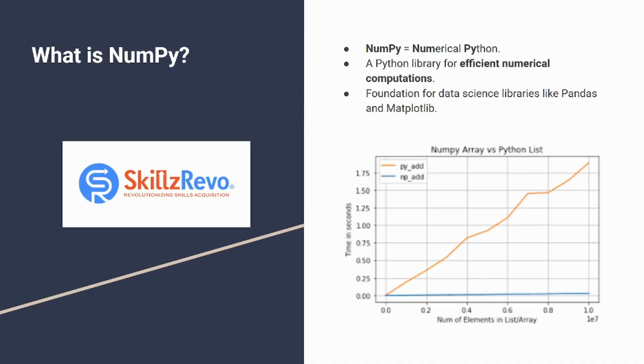But if you have thousands of numbers, things get slow. So the problem with Python lists is what? They are flexible but not built for heavy maths. And the solution for that is NumPy, which uses an array, a much faster and smarter way to store numbers. So all these things we are going to learn.